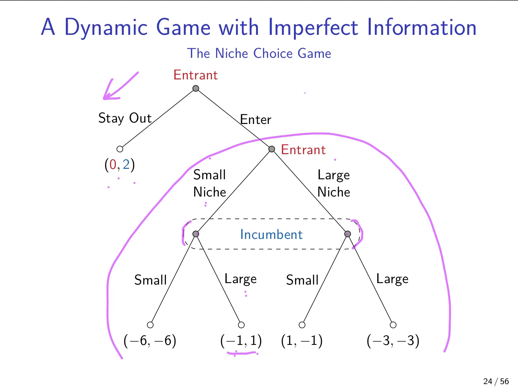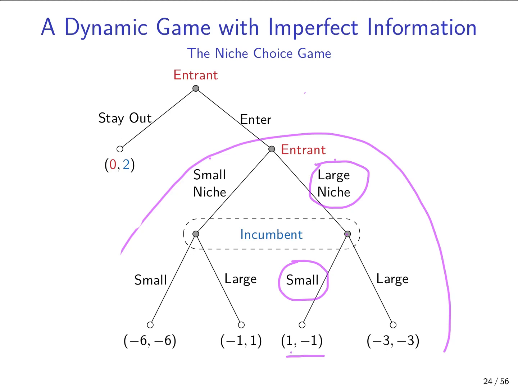It turns out that this game has another subgame perfect Nash equilibrium as well. In this subgame we have another Nash equilibrium, where the entrant chooses the large niche and the incumbent chooses the small niche.